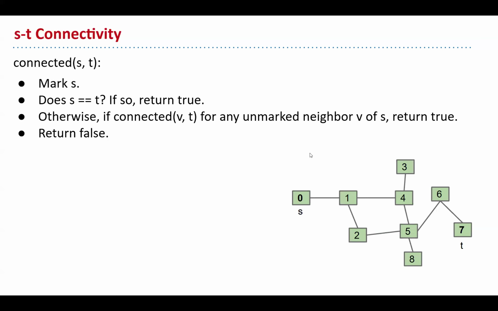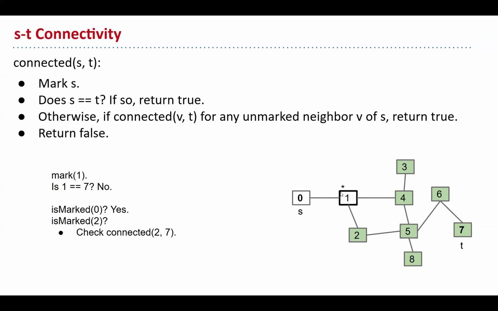So let's walk through this. If we're trying to see if 0 and 7 are connected, first thing we do is we check, is 0 equal to 7? Is 0 the same thing as 7? No. So because of that, we'll mark 0, and then we'll look at all of its connected neighbors to see if any of them are connected. So what do we look at next? 1? Yeah.